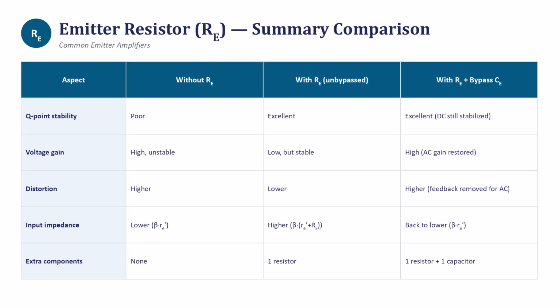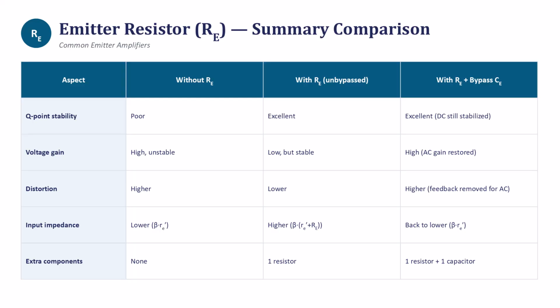The operating point drifts easily with temperature and component tolerance. Add Re and stability becomes excellent because Re introduces negative feedback that holds the Q point steady. That excellent stability is preserved even when we add the bypass capacitor, because the capacitor only affects the AC signal, not the DC bias point.